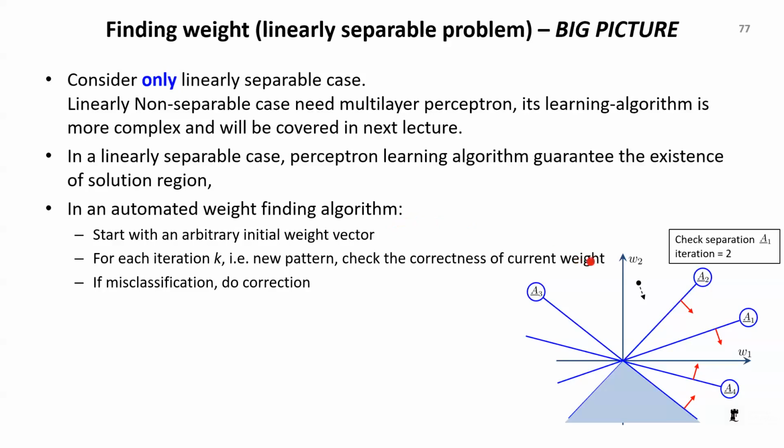Now, iteration 2, we check the second point. For point 2, this also does not solve the discrimination. Point 2 is still wrong, so it needs to move. Now we check point 3. For point 3, the solution is down there.